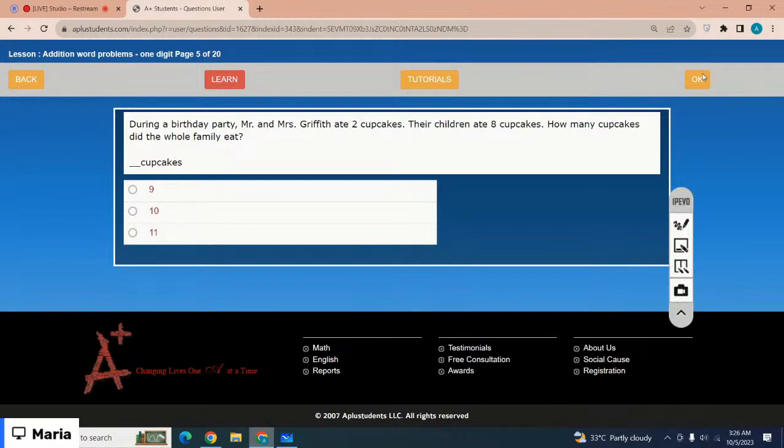So 2 plus 8 equals, the correct option is 10, right? 2 plus 8 makes 10. So the correct option is 10.